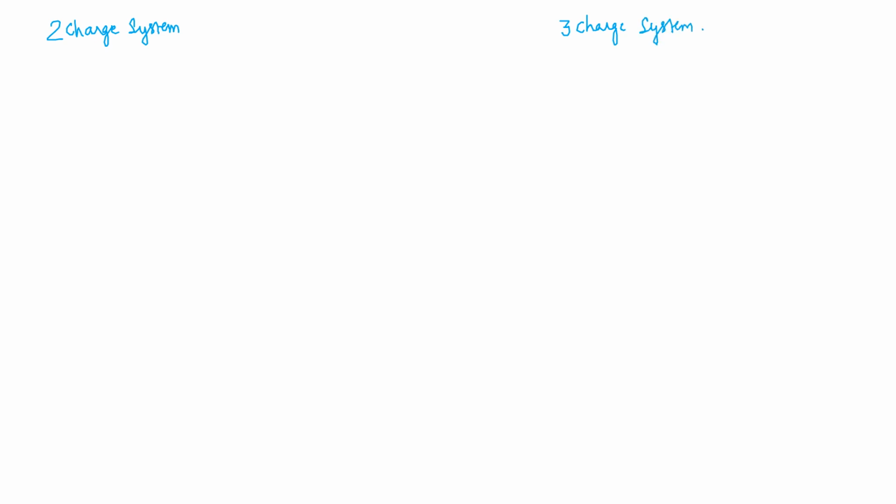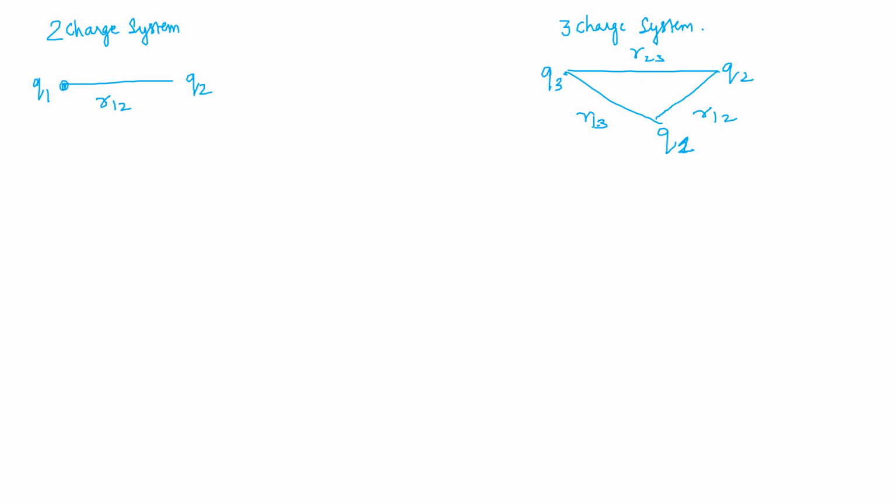In this two charge system, we have got charges Q1 and Q2 from infinity to a distance of R12, and in this we have got three charges from infinity to this particular configuration of charges, with distances R13, R12, R23. So these were the charges we have got from infinity.